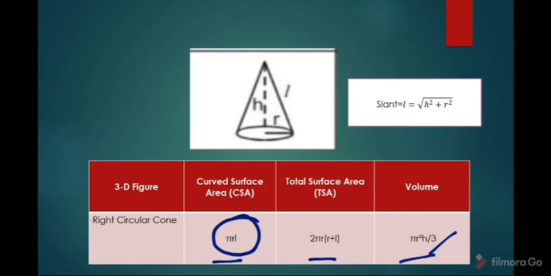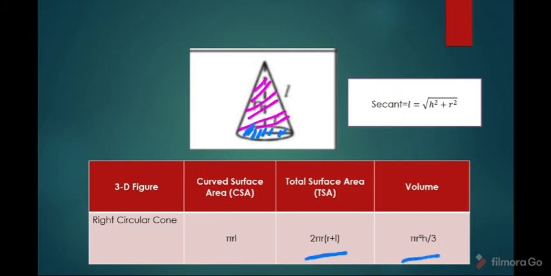That means if the height and radius are given to find the curved surface area, you need to find the length of the slant height.